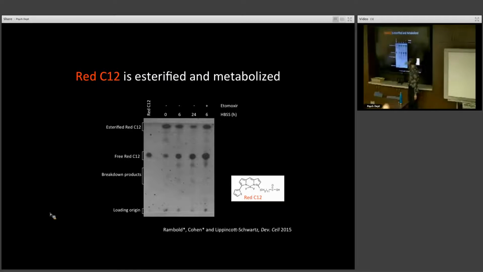And if we starve the cells, we see these additional spots appear down here that can be prevented using the inhibitor etomoxir, which prevents transport of fatty acids into the mitochondria. So this is showing that this fluorescent fatty acid can be both esterified into neutral lipids and broken down, presumably through beta oxidation.